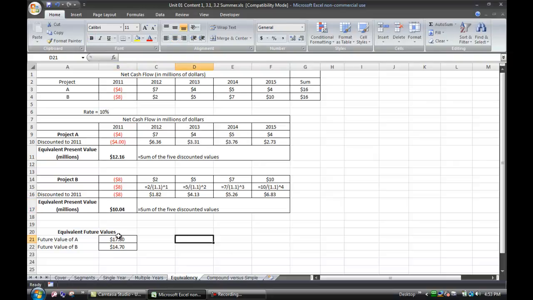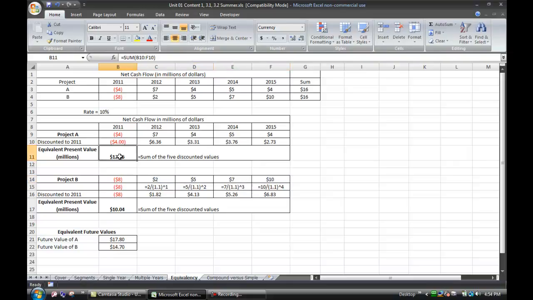Another thing we could do would be to take this $12.16 and ask what that is worth 4 years later. Find the future value. You take B11 and multiply by 1 plus 10% to the fourth, and it comes to 17.80. So that is the equivalent future value to this present value and to this stream of cash flows.